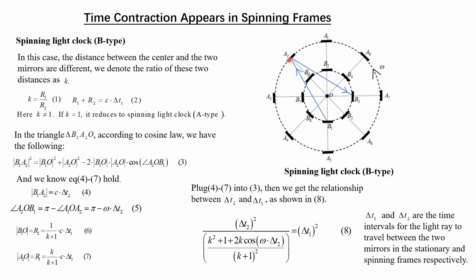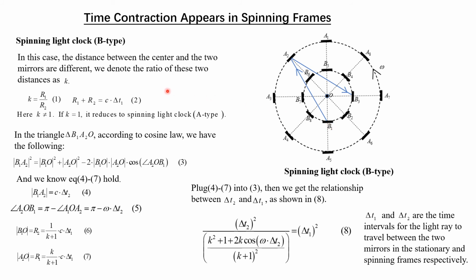B1A2 is the path for the photon to travel from one mirror to the other mirror in the spinning frame. So in the spinning frame, the photon travels shorter, and this results in the time contraction.